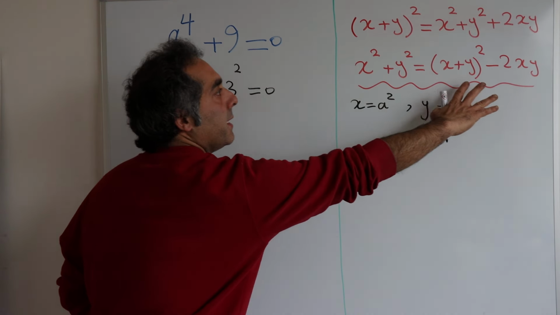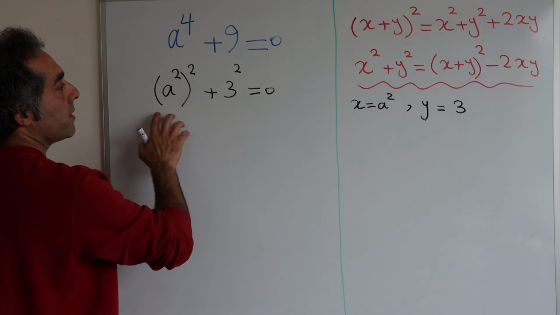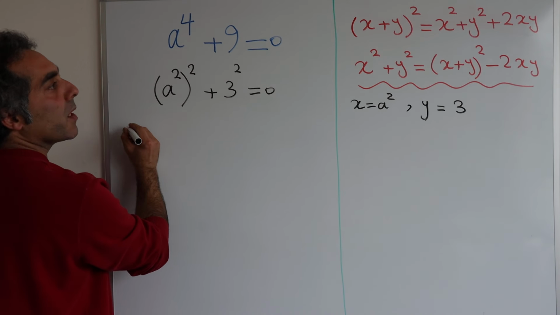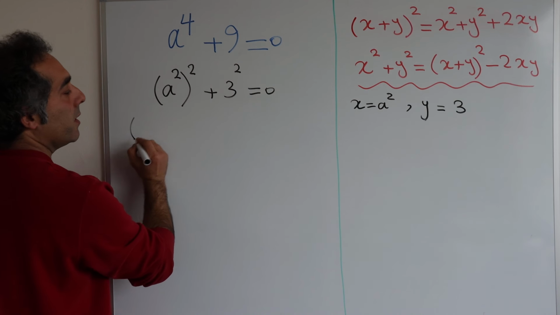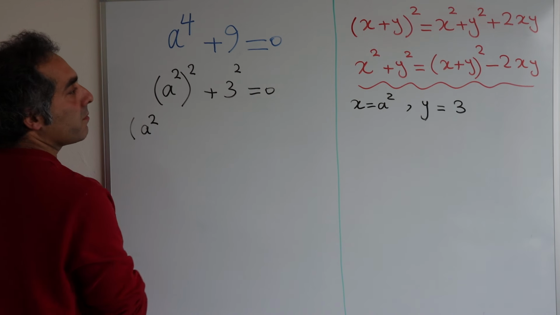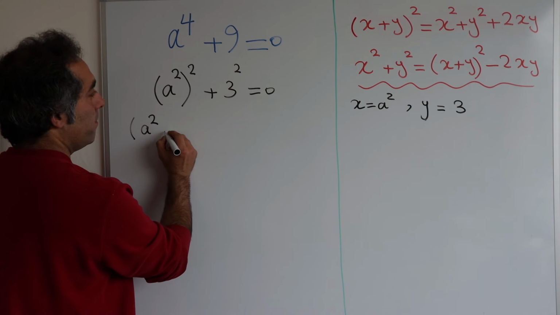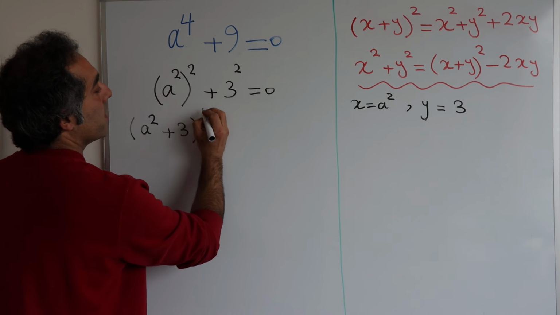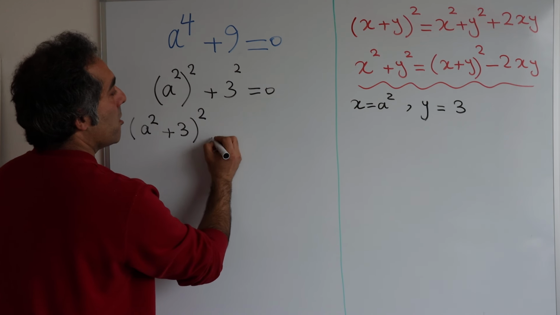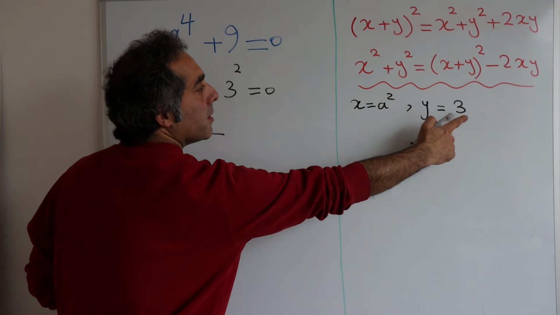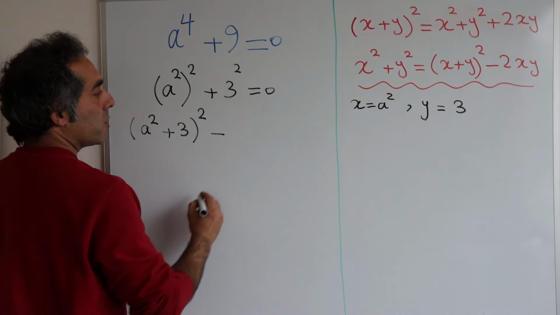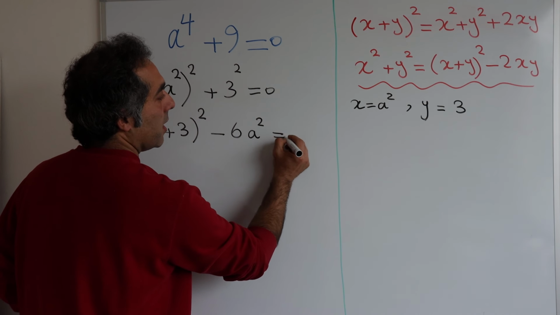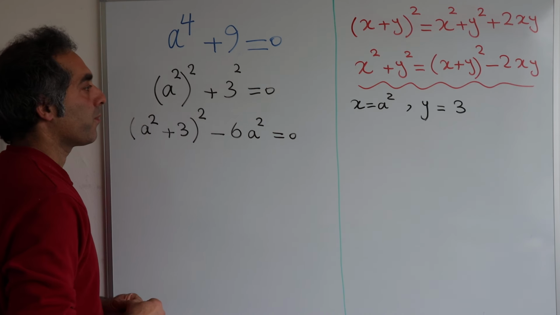I can write these sides, replacement of this expression here, which is (x + y) squared: (r squared + 3) squared minus 2 times 3 times r squared, which is 6r squared, equals 0.